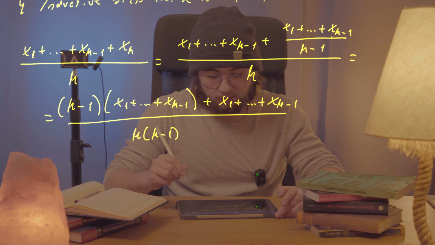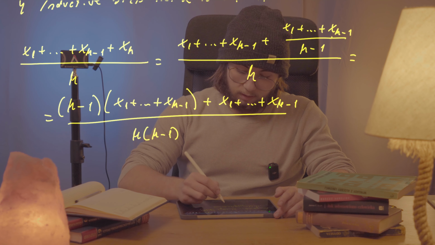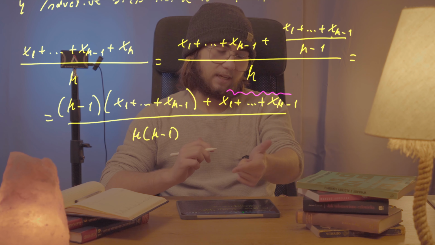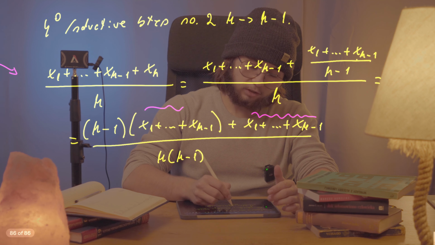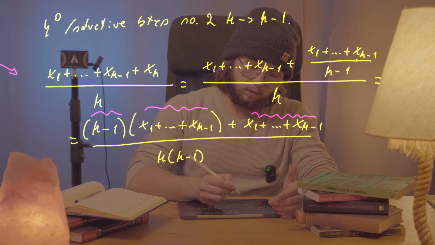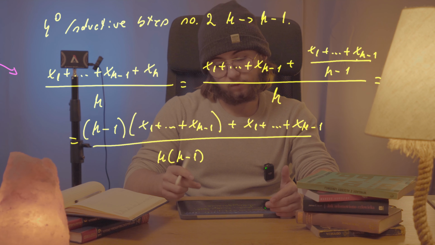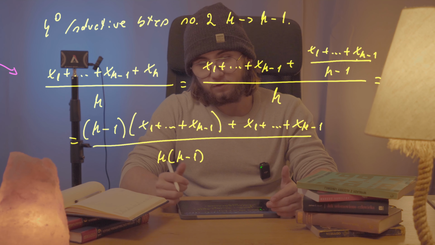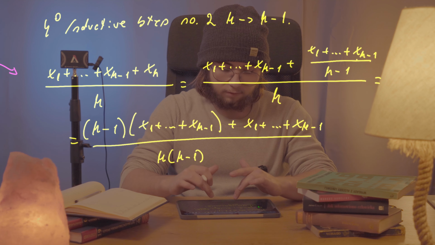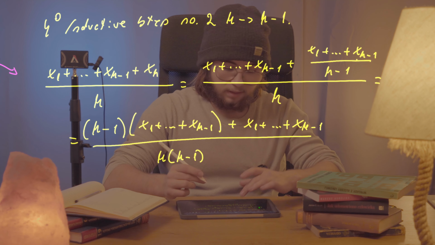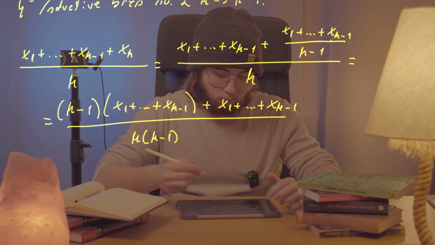However, you see, the nice thing is that here we've got the sum of all the x's from x1 up to x sub k minus 1, and here we have just the same thing, however, it's multiplied by k minus 1. So you can just go on and add those things together, or if you prefer to think of it that way, we can just go on and factor the sum of all of the x sub i's away, getting x1 plus dot dot plus x sub k minus 1 multiplied by k minus 1 plus 1.